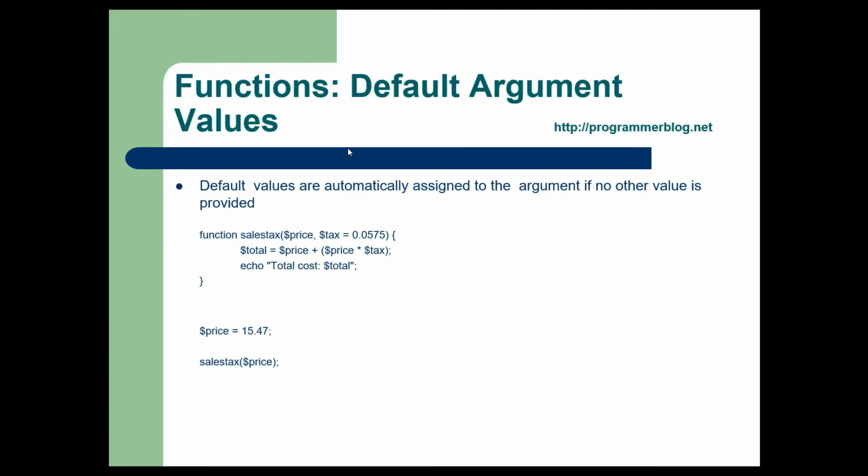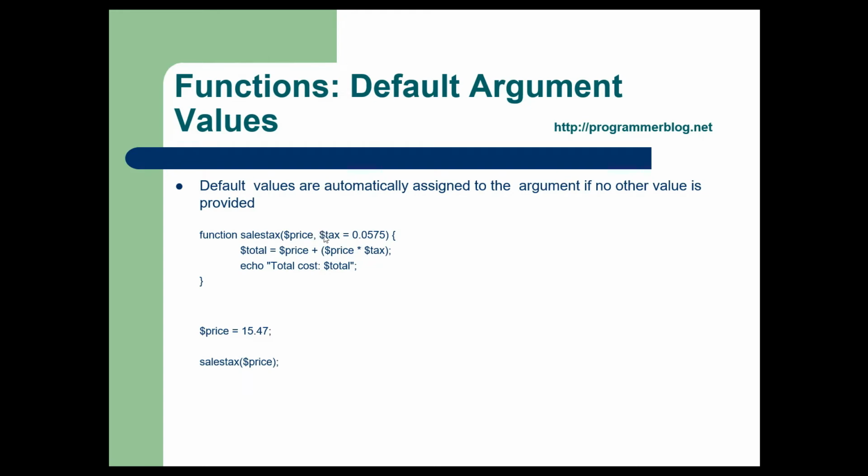Let's learn about the default arguments. Default values are automatically assigned to the argument if no other value is provided. This means that in our previous code examples, we were passing $price and $tax to the sales tax function.